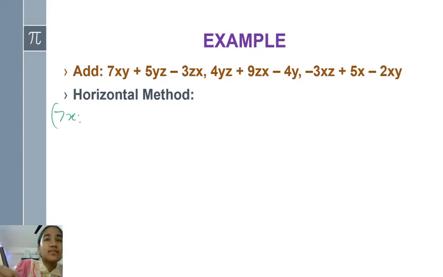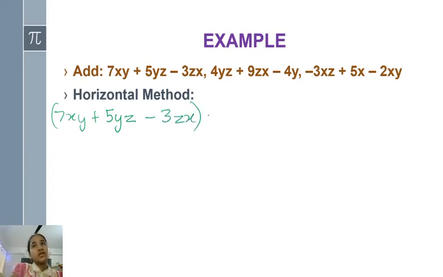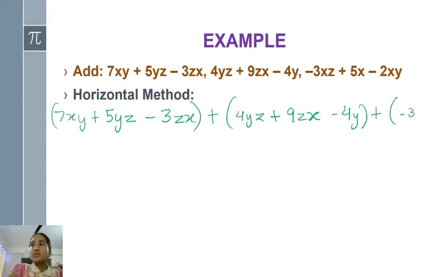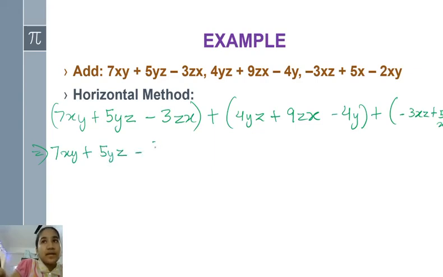At first, we'll insert brackets over here. The next thing is to open the brackets. 7xy plus 5yz minus 3zx plus.